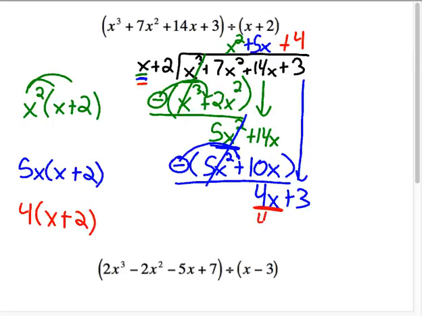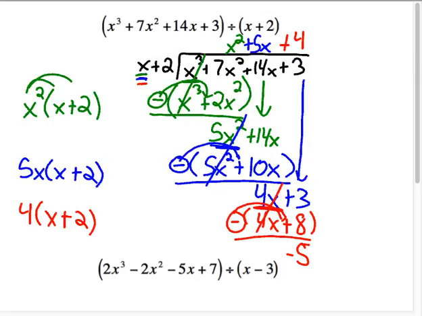So that's going to leave us a 4x plus 8. So now that we see what we have, now let's see how close we were. Again, that first term should always, always cancel. 3 minus 8 leaves us with a negative 5.